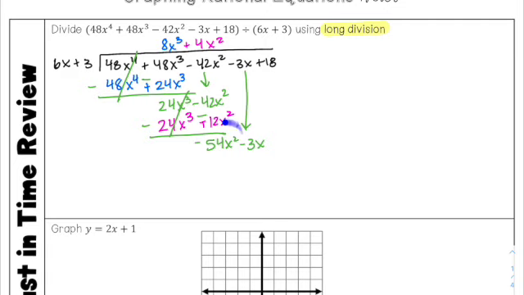Negative 54x squared divided by 6x is negative 9x. Negative 9x times 6x is negative 54x squared. And negative 9x times 3 is negative 27x.